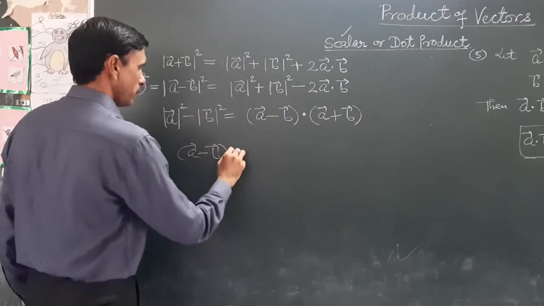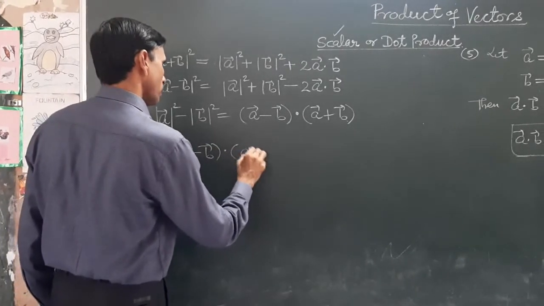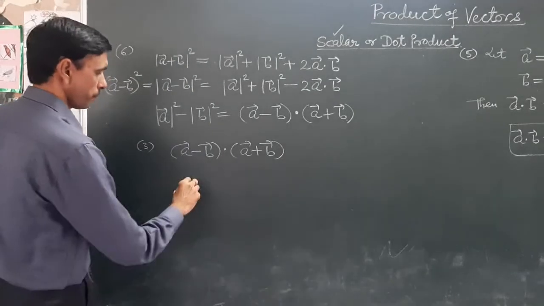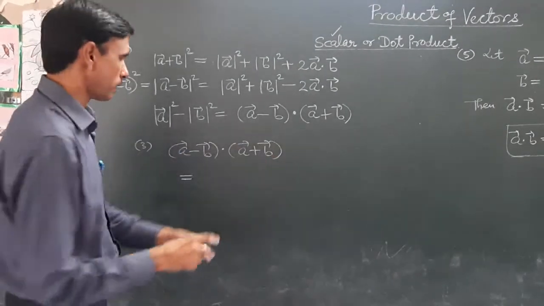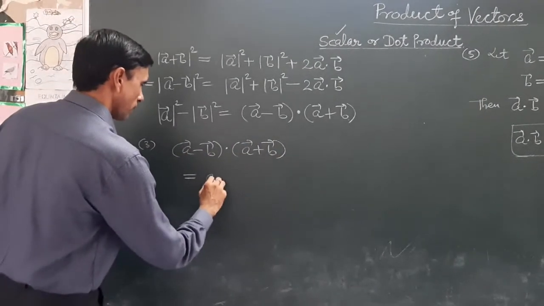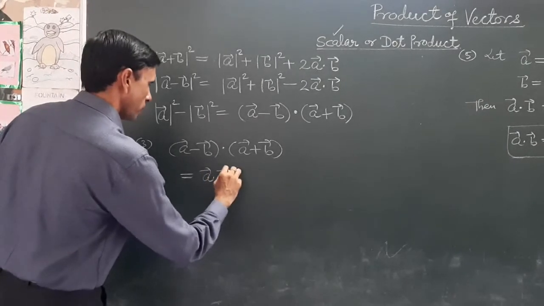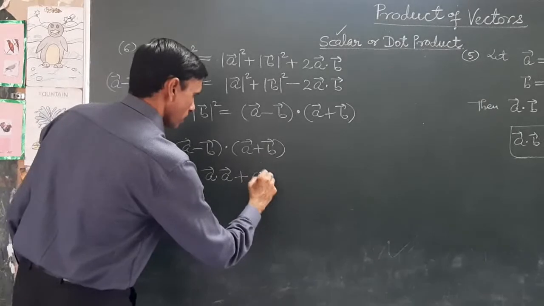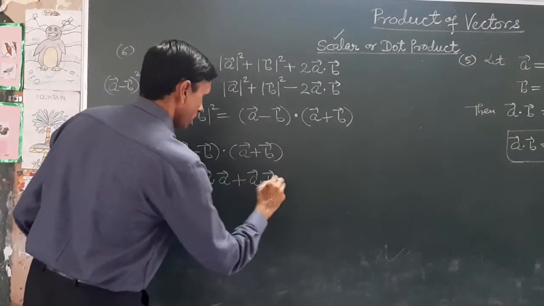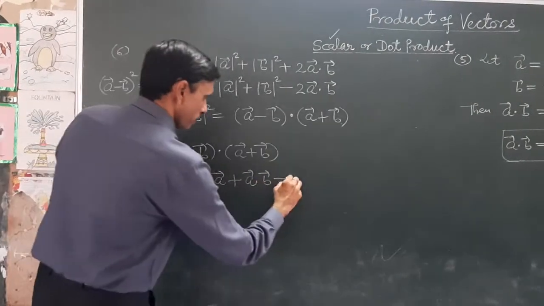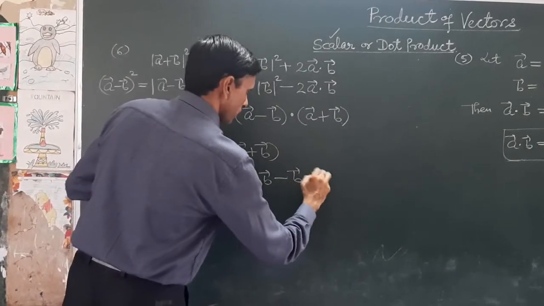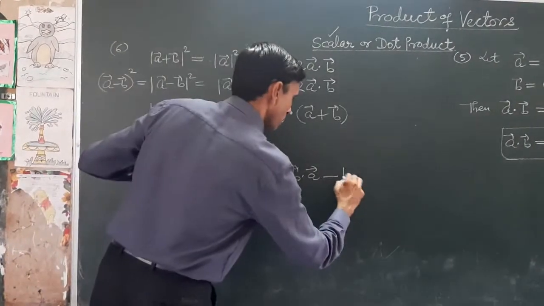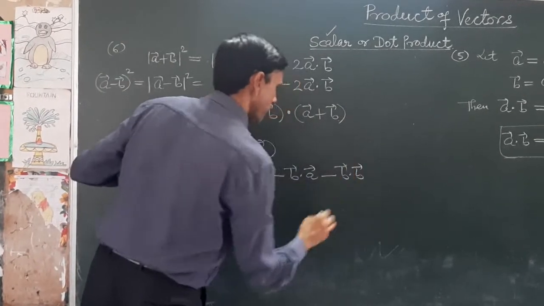थर्ड को देखिएगा जरा, a minus b dot a plus b, इसकी वैल्यू निकालते हैं। सेम जो अभी मल्टीप्लाई करिए, थोड़ा डायरेक्ट करिए, a dot a plus a dot b, ये minus b है, minus b dot a and minus b dot b.